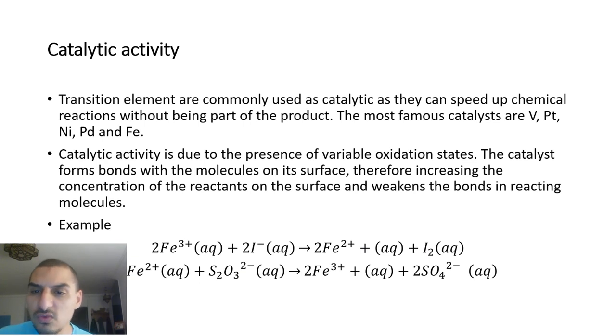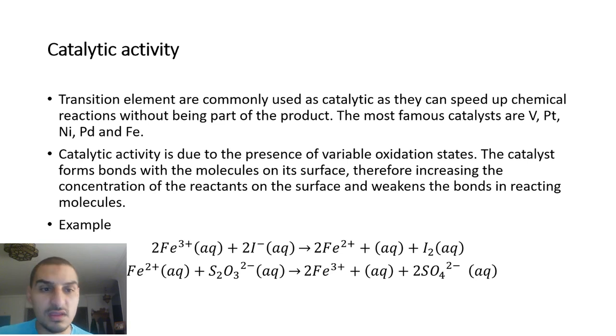We have just two more points to cover in this video. The first is the catalytic activity, and we know that a catalyst is a material that goes into a reaction just to speed it up and come out without being part of the product. And the transition elements are very famous for this, and this is something that people who work on catalysis focus on.